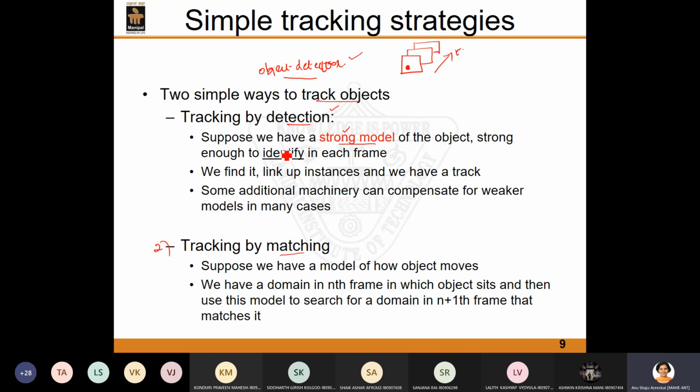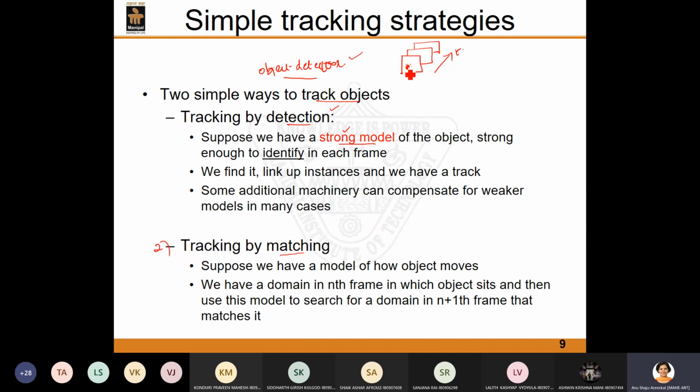And the second method, this is just a broad area, you'll have different algorithms that come under it, is what you call tracking by matching. In this technique, let's say in the first frame you have an initial guess, a region proposal, which might be the region of interest for us.